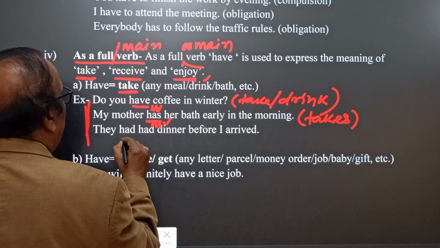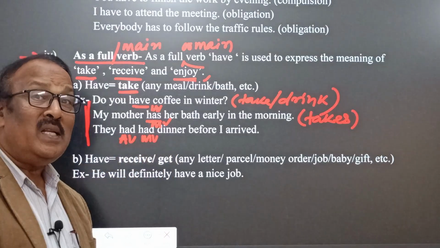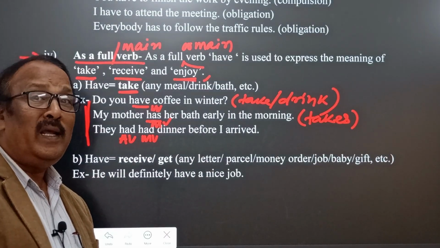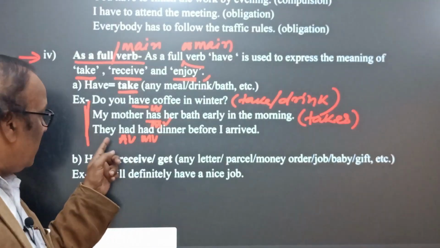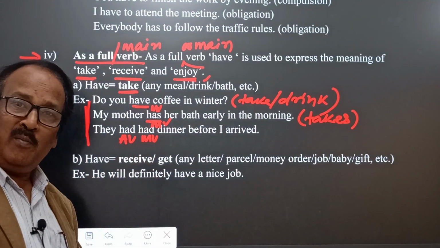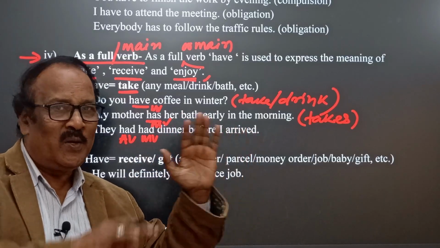Here, the first had is an auxiliary verb, the other had is the main verb. It means they had already taken or eaten their dinner before my arrival. And this is past perfect aspect.